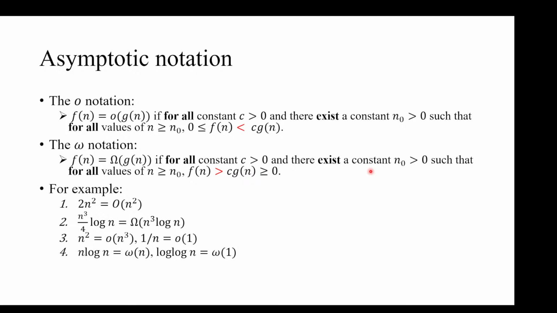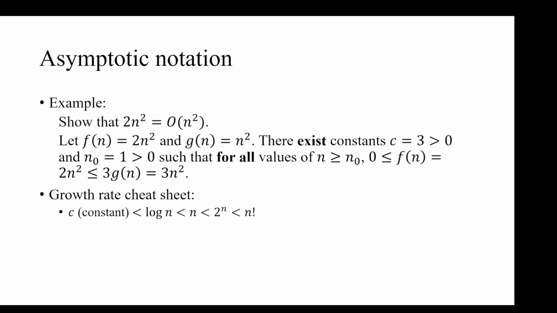So for example, you can have maybe f of n equal to n and g of n equal to also n, and so let's have this be a little less trivial.